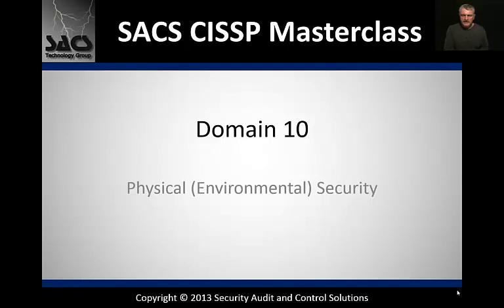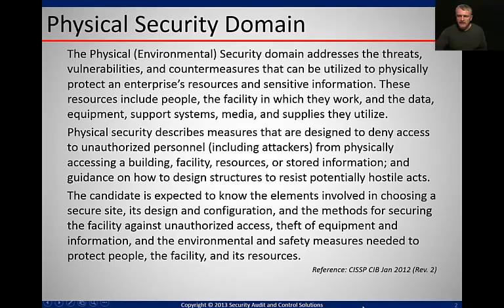So let's have a look at what the Candidate Information Bulletin says from ISC2. It says that the physical environmental security domain addresses the threats, the vulnerabilities, and the countermeasures that can be utilized to physically protect an enterprise, resources, and sensitive information.